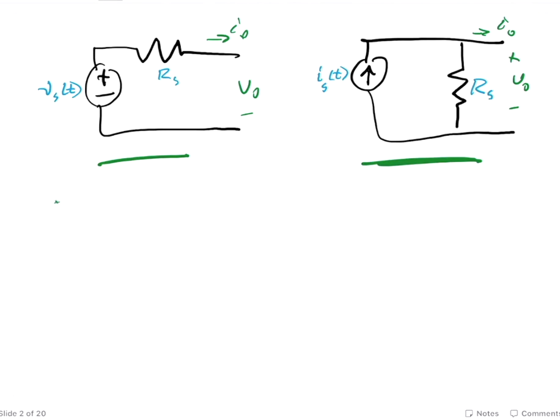Remember that we can write the source voltage as a function of time equal to the source current as a function of time times the source resistance. They're perfectly equivalent. This is thinking of voltage as a function of current, but we can also think of current as a function of voltage through Ohm's law.